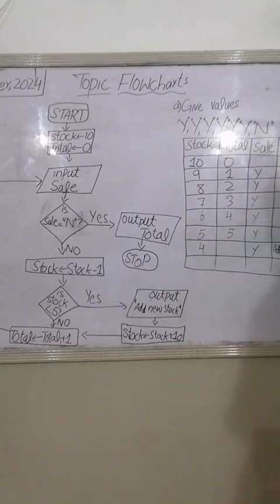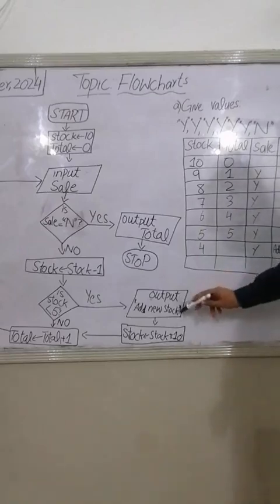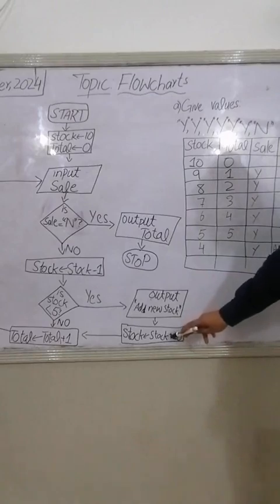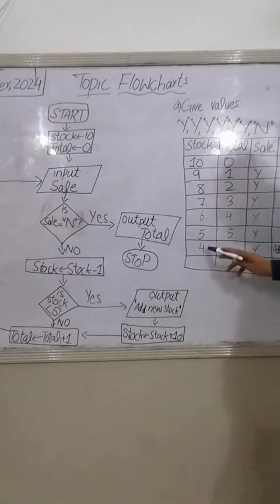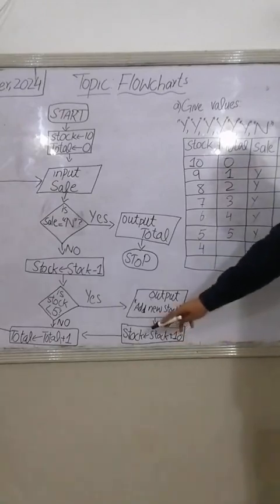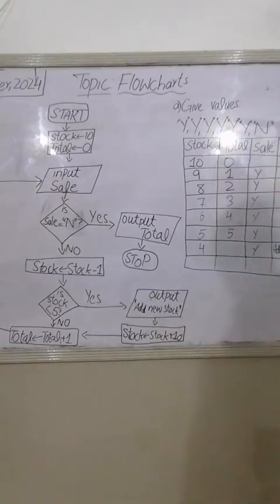So when you get this output add new stock, what will happen? We will move to the next step, that is saying stock plus 10. It means the value which we have in the stock, add 10 more to that value and store it in the variable stock again.